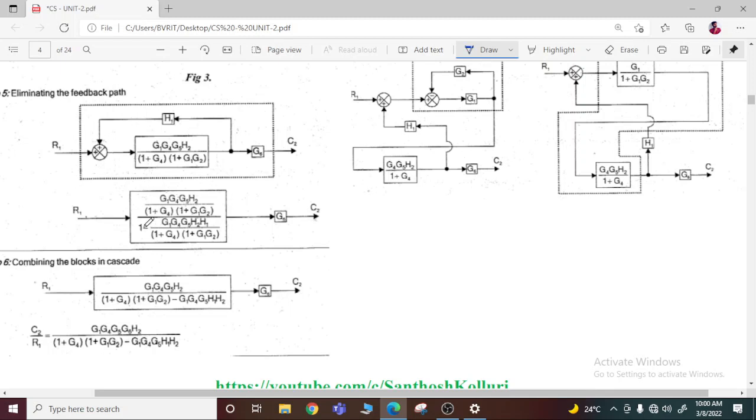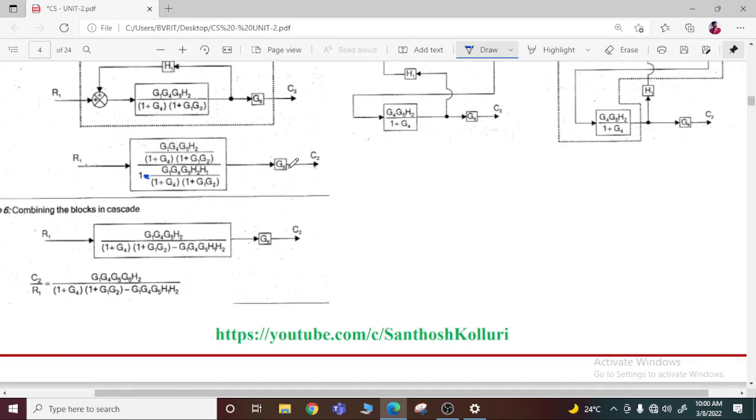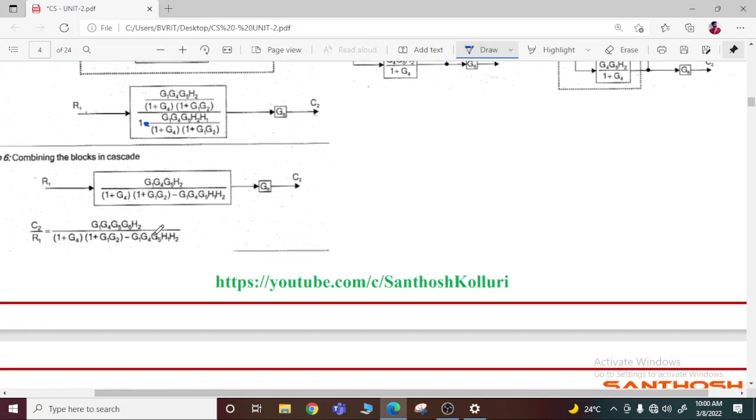That's why you are putting minus here, and after that multiply with this G5, and that's your resultant answer. So this is C2 by R. Same process almost, just going through the directions. Okay?